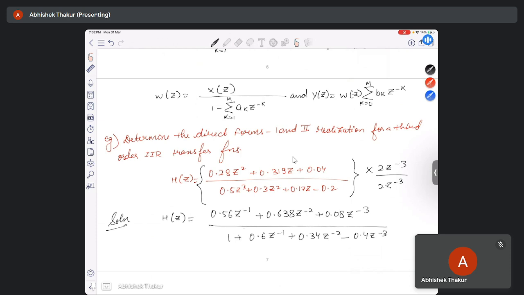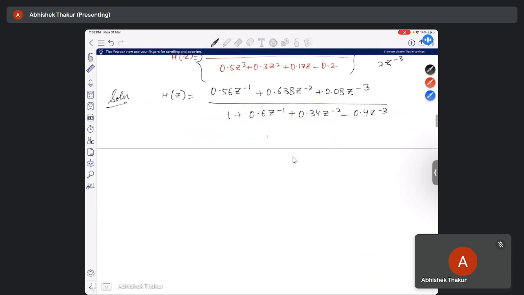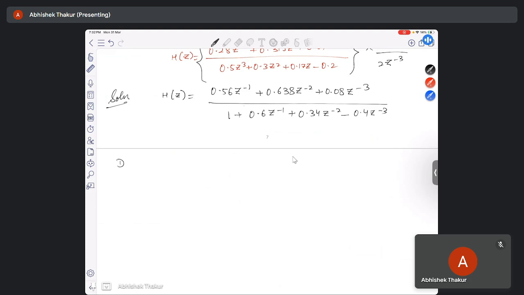So this is our transfer function. Now we will first see the direct form 1.